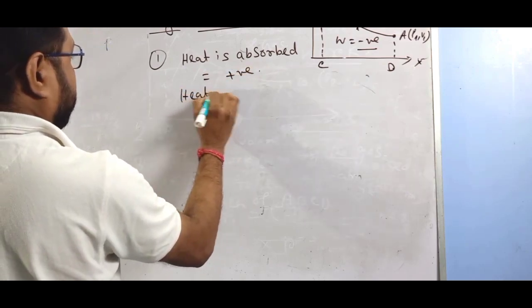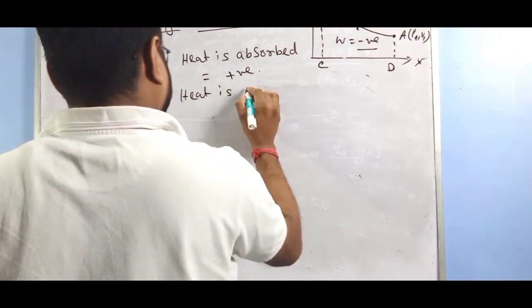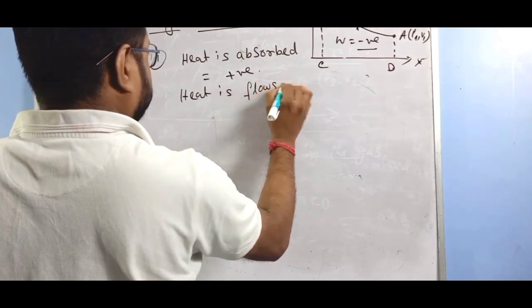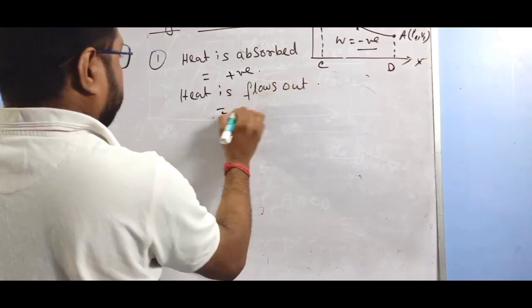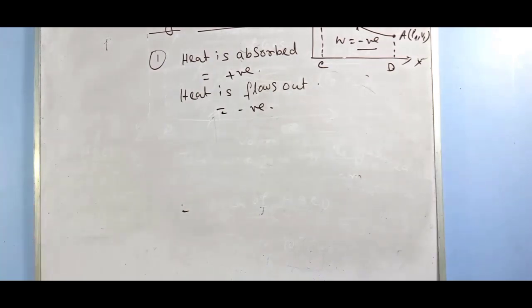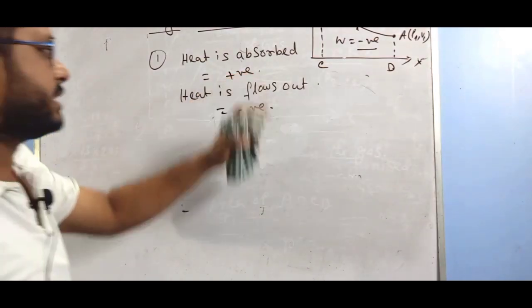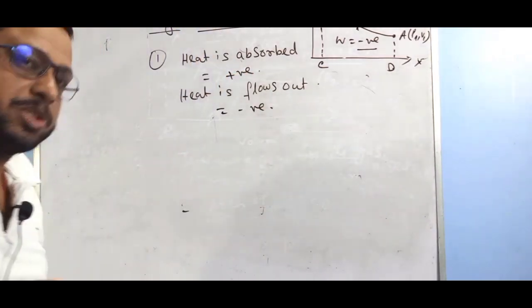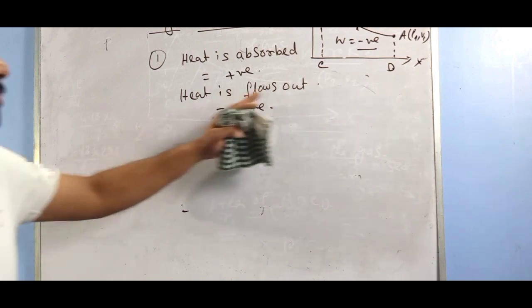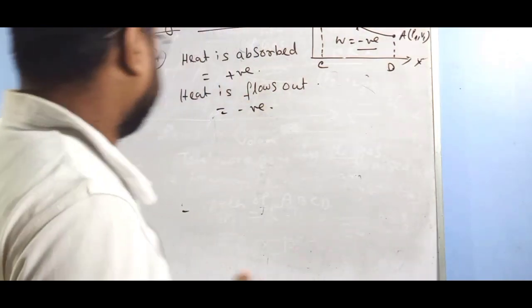If heat flows out from a system, obviously it is negative. Heat absorbed by the system is positive, that is, the value of H is positive, and if heat flows out from the system it is negative.